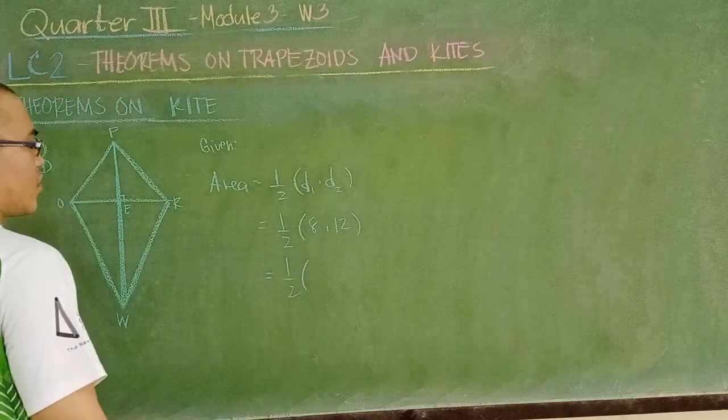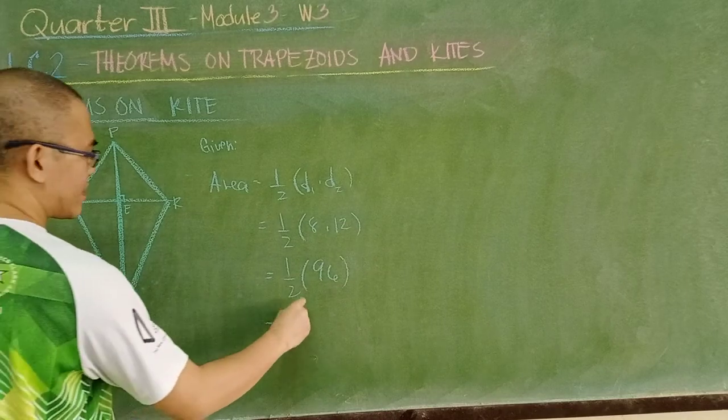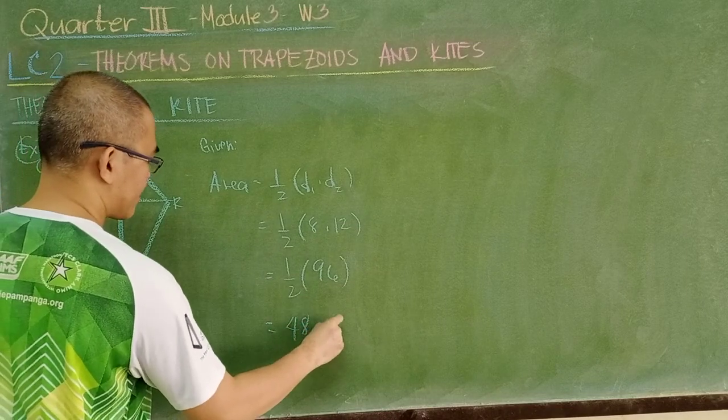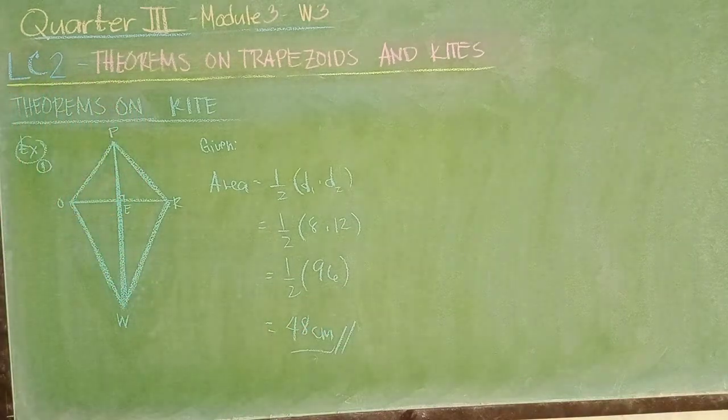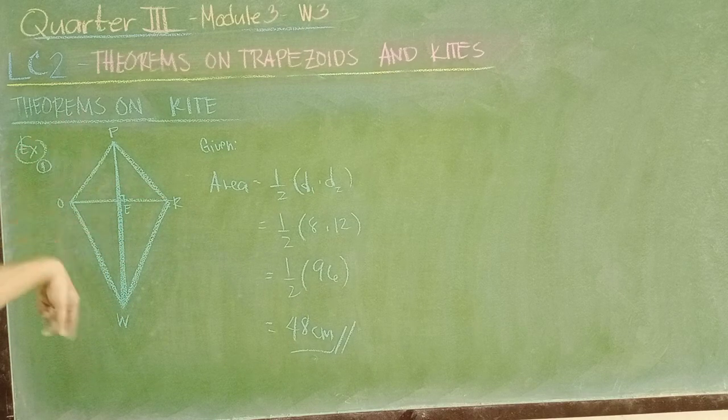So, 8 times 12, that is 96, and then kalahati ng 96 is 48 cm. So, yan yung area ng kite natin. I-multiply mo lang yung measure ng diagonals natin, and then kukunin mo yung kalahati, which is 48 centimeters.